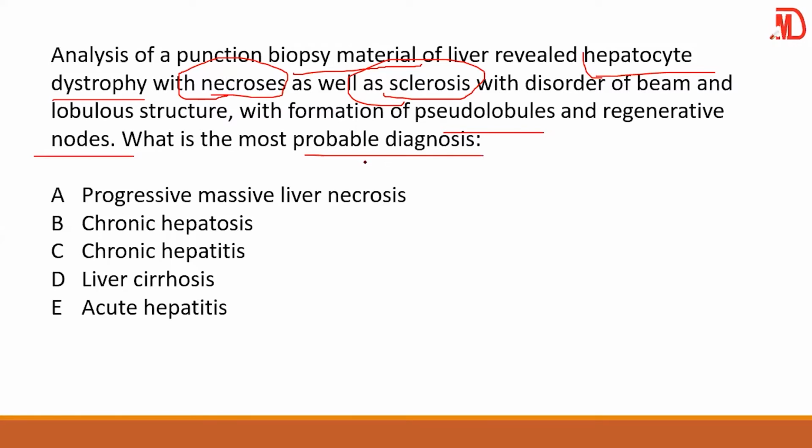What is the diagnosis? Definitely, when there's a scarring or a replacement of the normal hepatocytes with scar tissue or fibrous tissue, we call it liver cirrhosis. So your answer is D. All right.